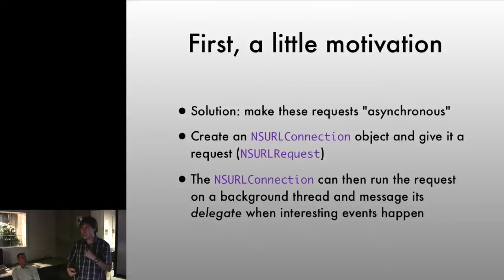And then that URL connection's implementation is to go run off on a background thread, and when interesting events happen, let me know. And the way we do that is through a delegate. So you specify a delegate on this URL connection, and when interesting events in the lifecycle of this connection happen, it calls messages on that delegate.